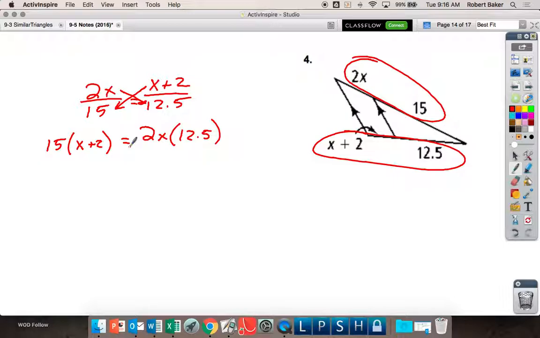So when you multiply 15 times x plus 2, it has to be 15 times x, which is 15x, and 15 times 2, which is positive 30. So that's a distribution problem, right? You have two terms, you have to multiply 15 by both terms. On this side, it's just 2x times 12.5, which is 25 x's.